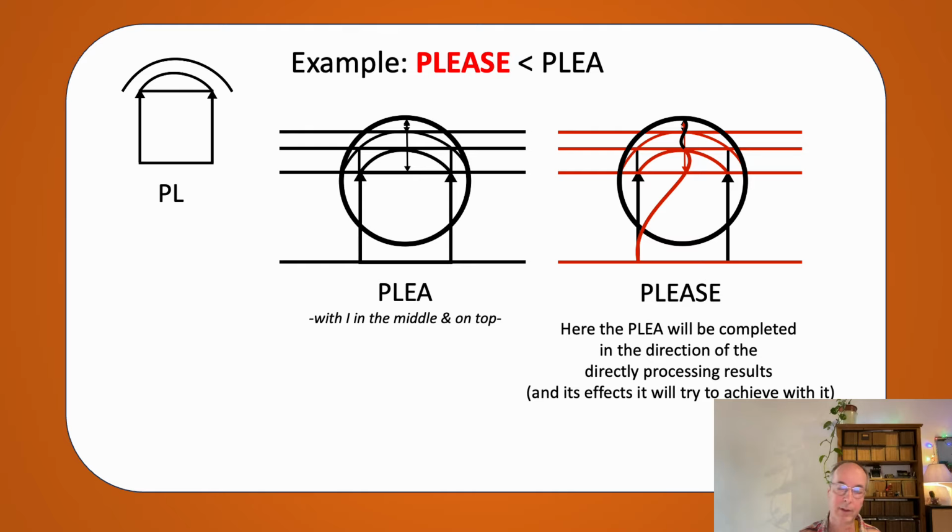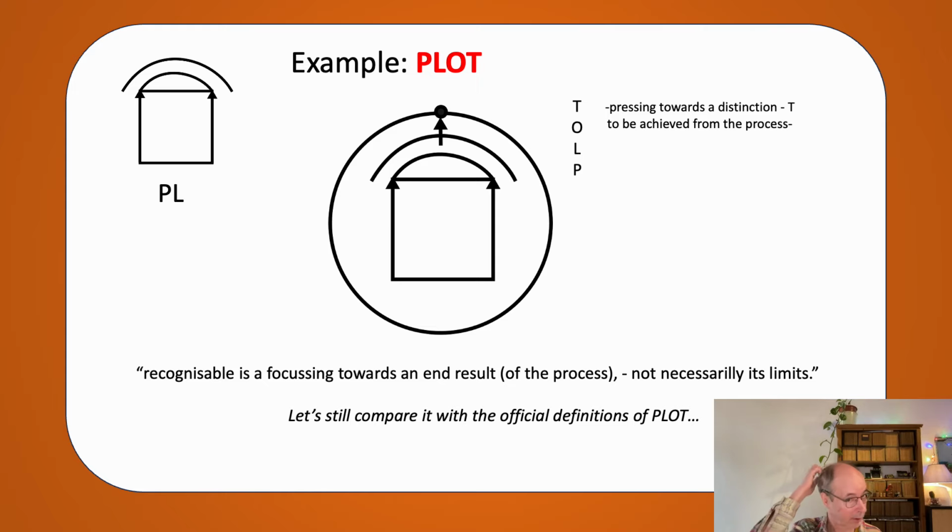A little bit better was the next one. The word plot is also an abstract word, but when I express it visually with the P, I see the L there, the O on top, and then the T at the end, so the point of reference where I make a distinction.